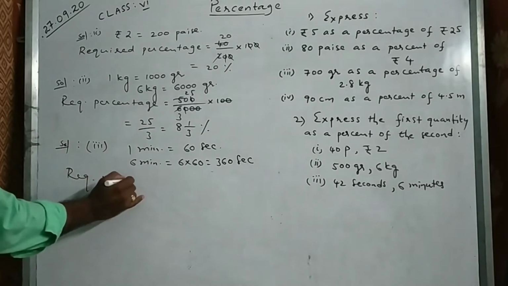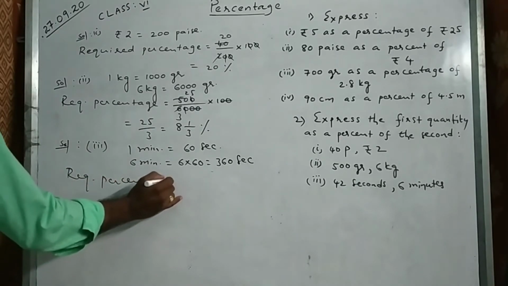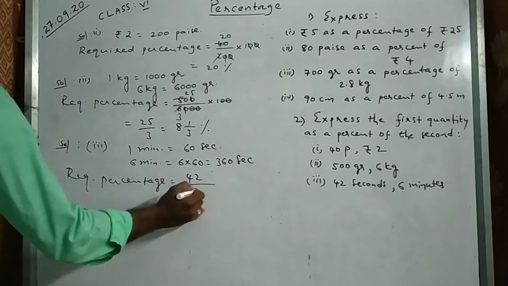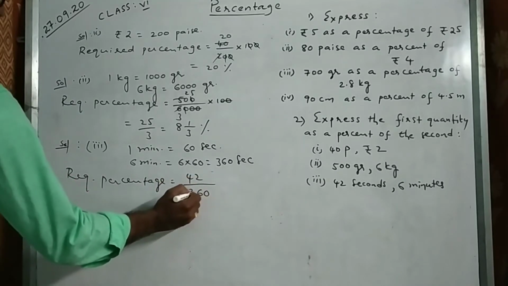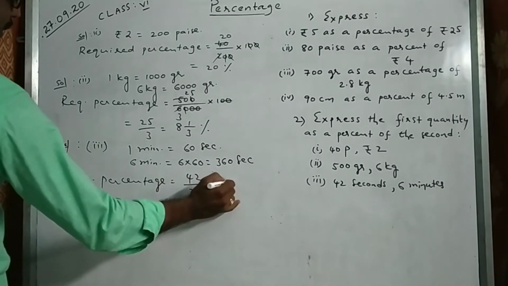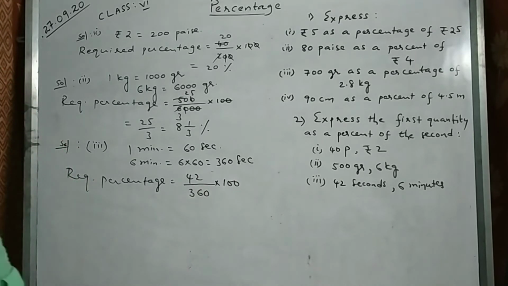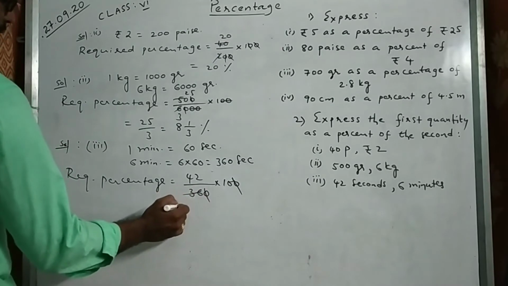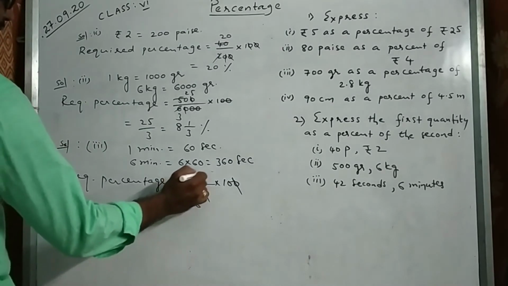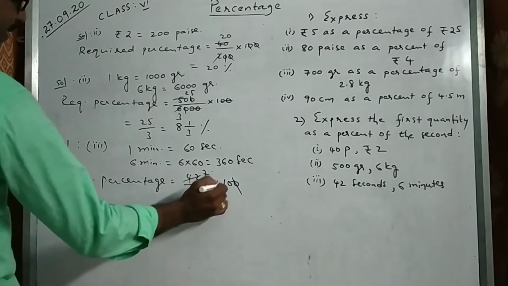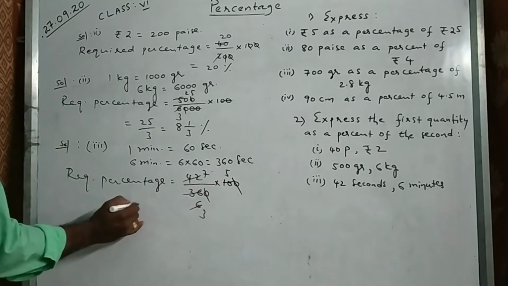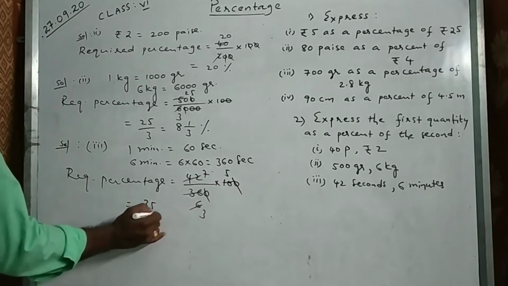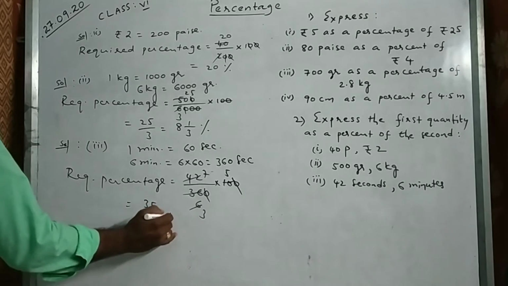Required percentage equals, what is the first quantity here? 42 upon 360 into 100. The 0, 0 gets cancelled. 6 6s are 36, 6 7s are 42, 2 3s are 6, 2 5s are 10, 7 5s are 35 by 3. 3 11s are 33.